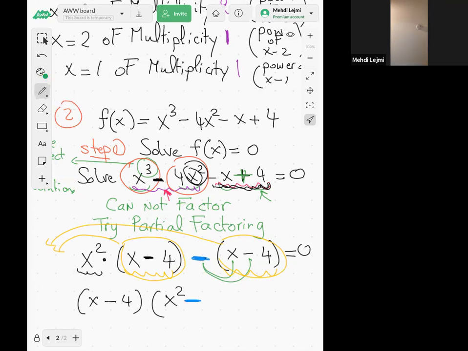Just be careful here, guys. If you factor out this x minus 4, you are left with 1, not 0, because this is like 1 times x minus 4. So if you pull out the x minus 4, you are left with this 1. Okay, so it's actually x squared minus 1.